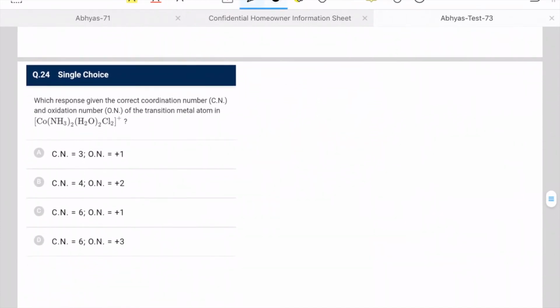Which response gives the correct coordination number and oxidation number of the transition metal atom in this complex, he is asking. First we'll check the coordination number. The coordination number should be 2 plus 2 plus 4... 6, since all are monodentate ligands. So 6 should be there. This is not a correct option. This is also not a correct option.